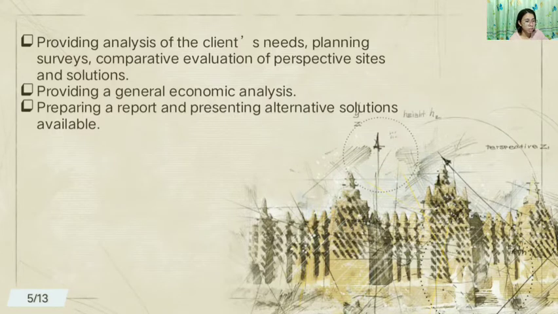So this includes the planning of potential sites, brainstorming for alternatives, and providing an actual presentation that involves sketches and potential designs, presenting a variety of choices to the client, then the estimated overall cost of the project.